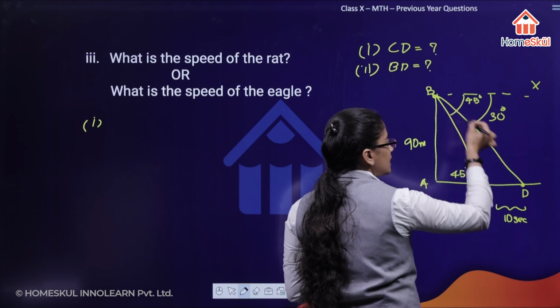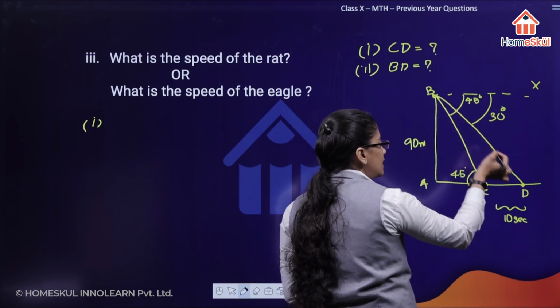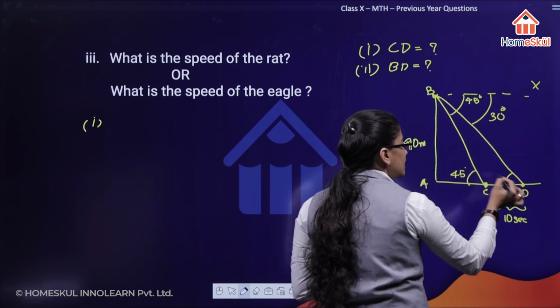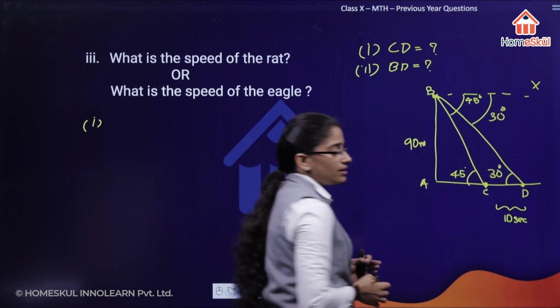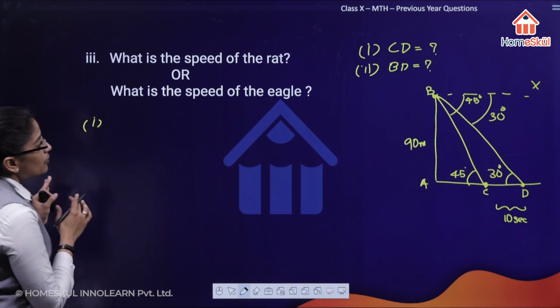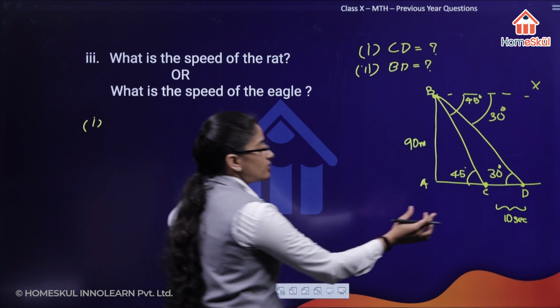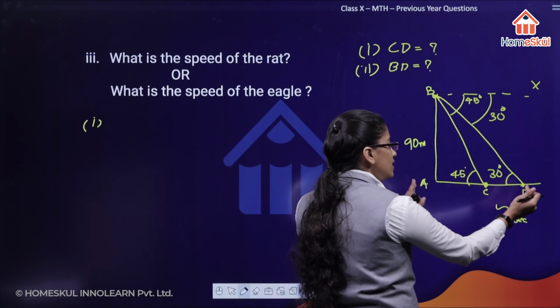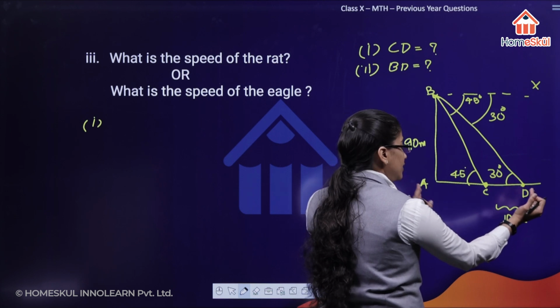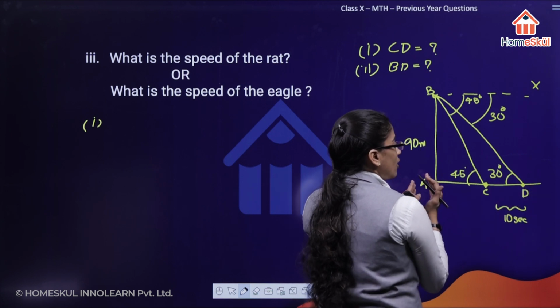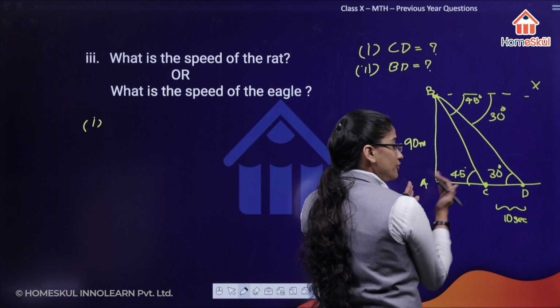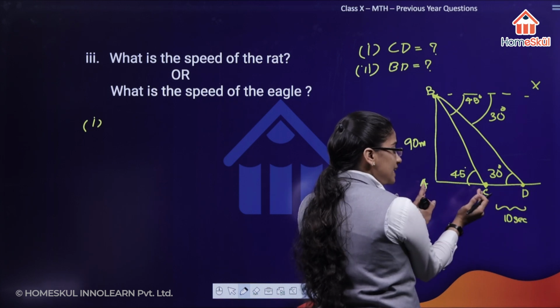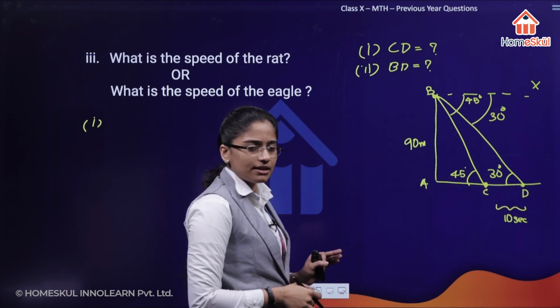Angle of depression is 30 degree, which means angle BDA is 30 degree. These are the things we are having, right? So, first case, we need to find out what is CD, the distance traveled by the rat in 10 seconds. If we take into account the total distance of the rat from the tree, that is AD minus AC, we will be getting CD, isn't it?